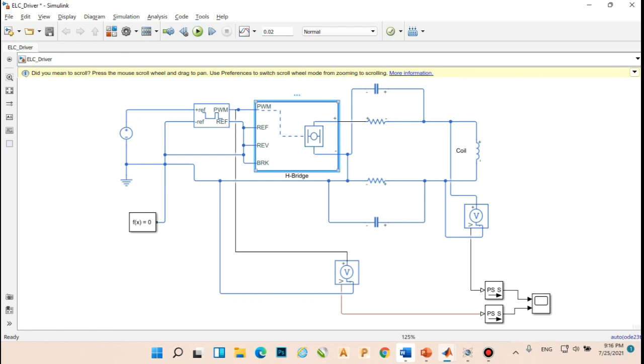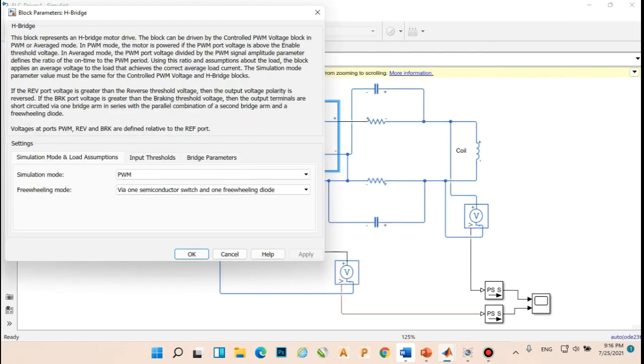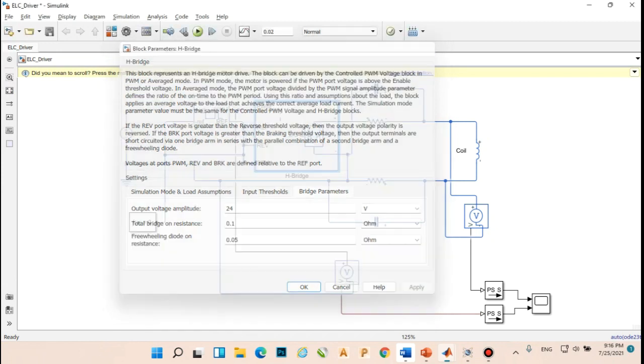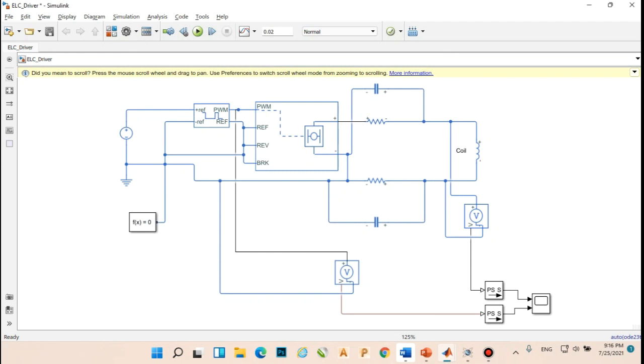We have an H bridge here. We want to produce a 24 volt PWM signal with an output power supply to power up our coil. We have a low pass filter here. We have two low pass filters here because we have two directions.